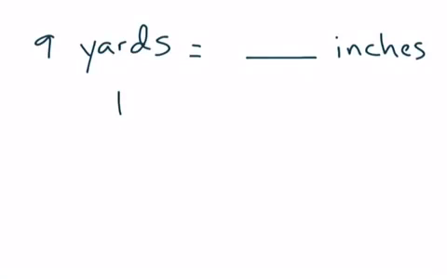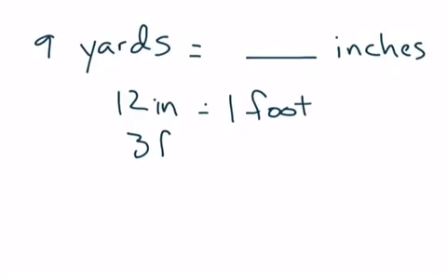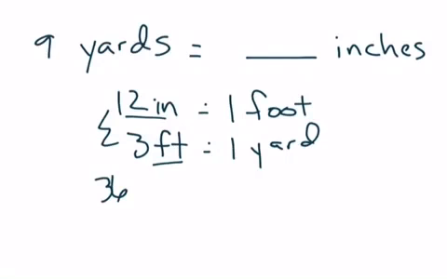So once again, 12 inches is equal to 1 foot, but I also know that there are 3 feet in 1 yard. So for every one of these feet, there are 12 inches. Therefore, if you put those together, you can get 36. So that's how I know that in 1 yard, it's going to equal 36 inches.